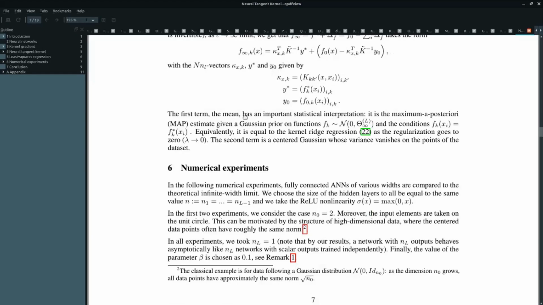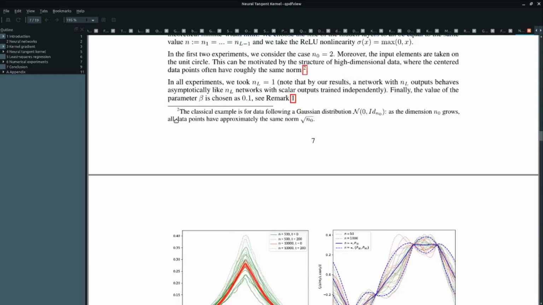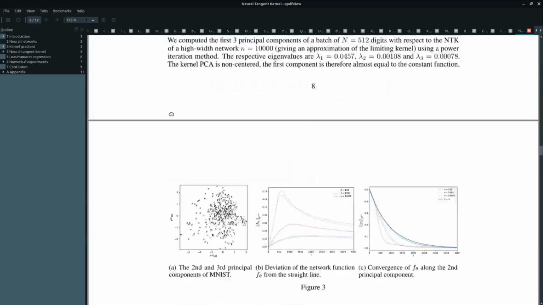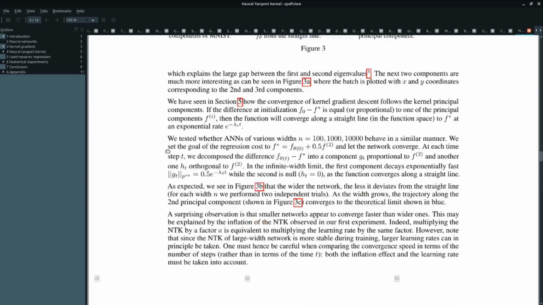So if you identify the most important kernel PCA components, wait until those have decayed, and assume the others are noise, that's essentially a form of early stopping. They don't exactly show that, but they show how the actual function decays along these principal functional components.